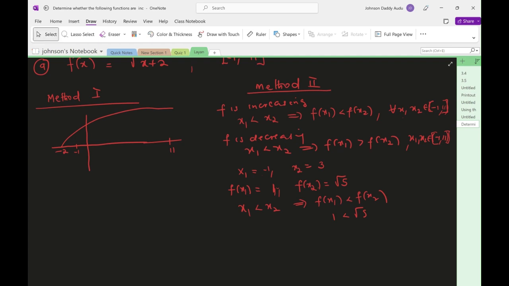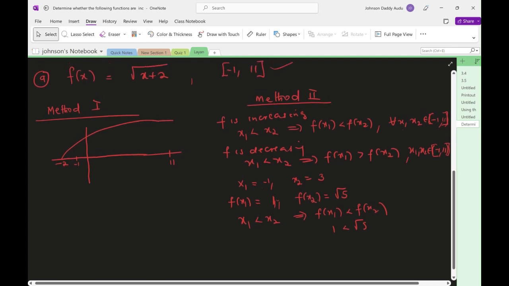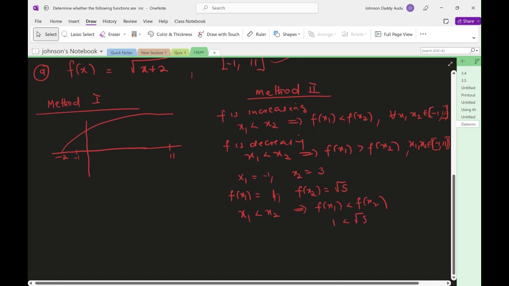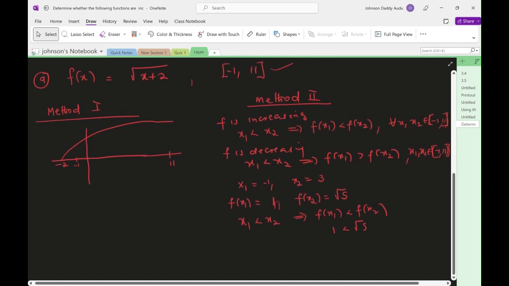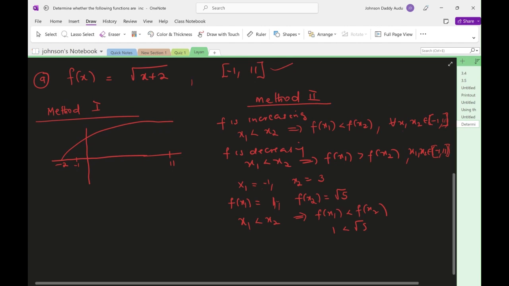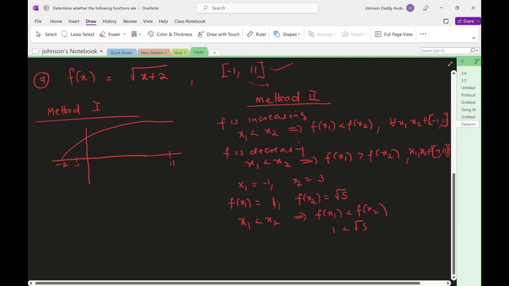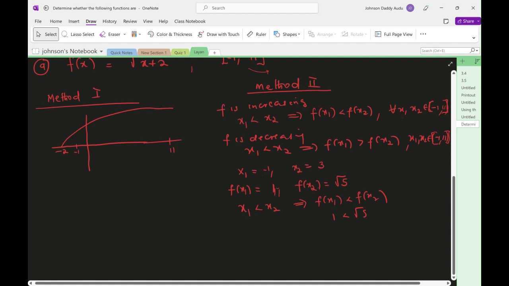So this gives us an idea that the function is increasing. But what we are not sure of is whether it is increasing in all the interval. For us to be sure, we need to exhaust all the points. Maybe we can take x2 to be 5, then change x1 to 3 and x2 to 11, because there are infinitely many numbers in this interval.